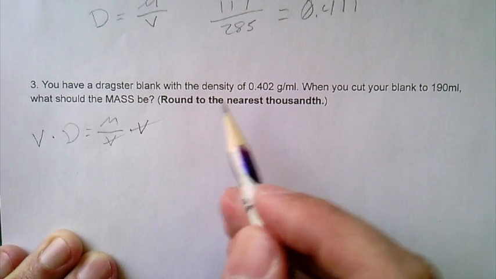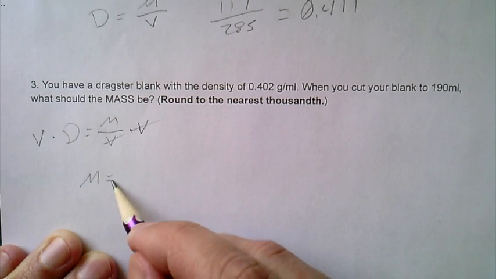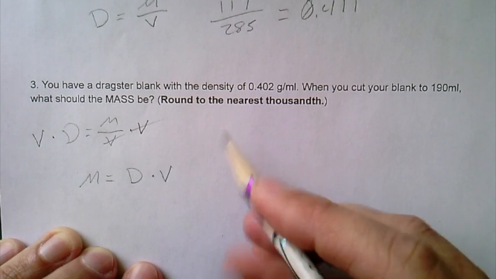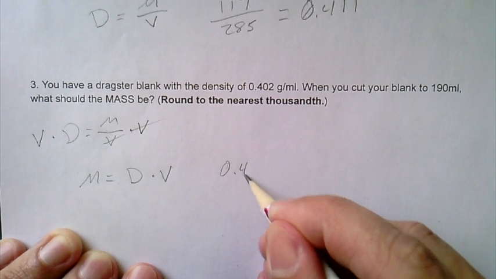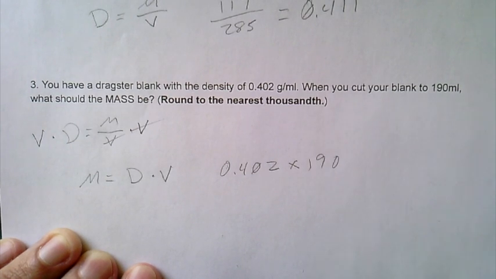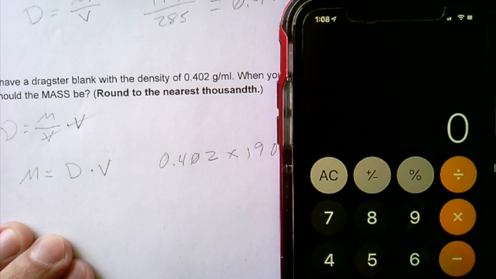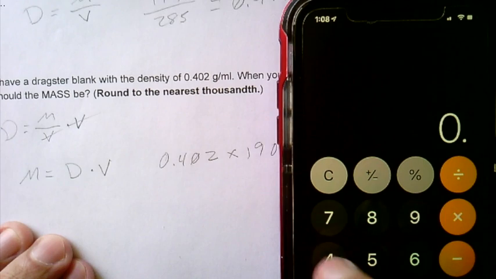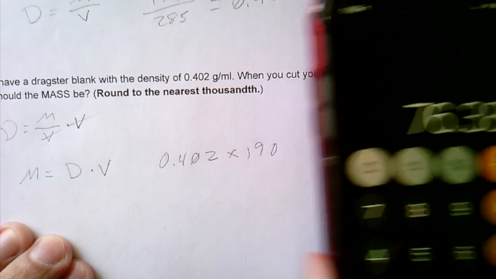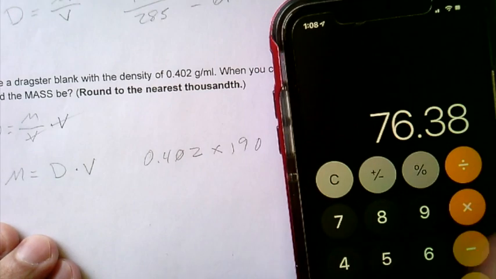So these cancel out, and now I have mass equals density times volume. And you can't do this one wrong. So it's 0.402 times 190, which is 76.